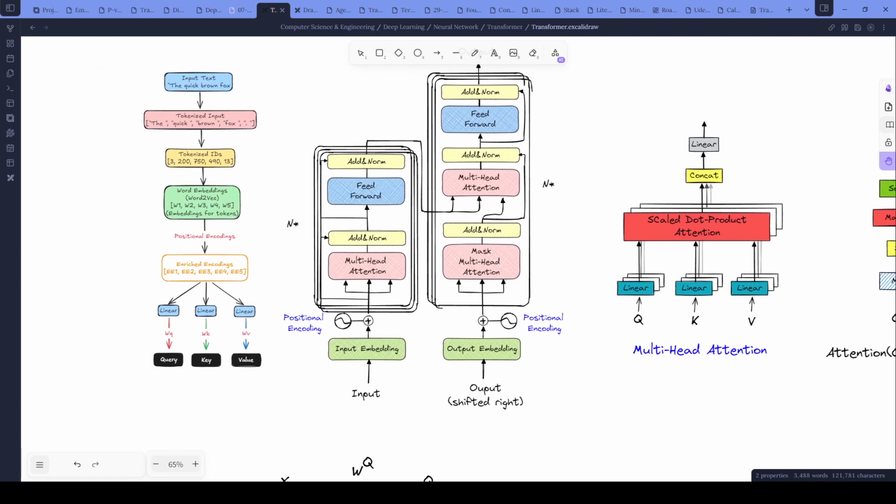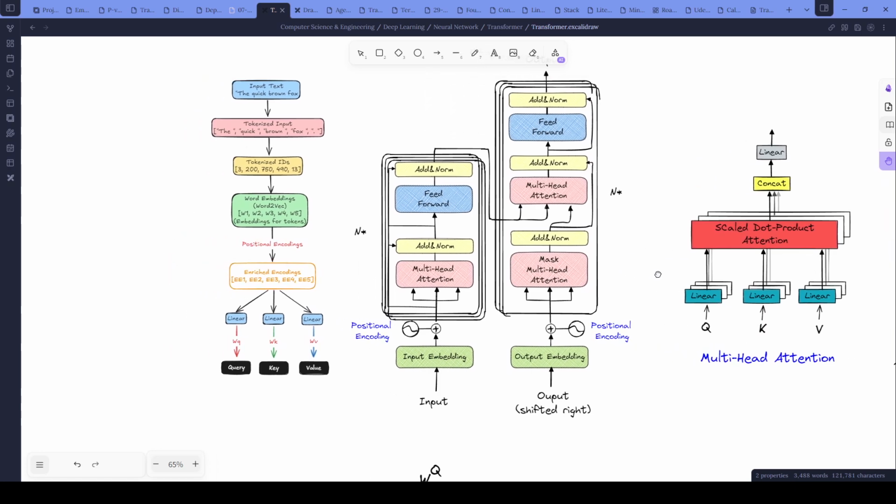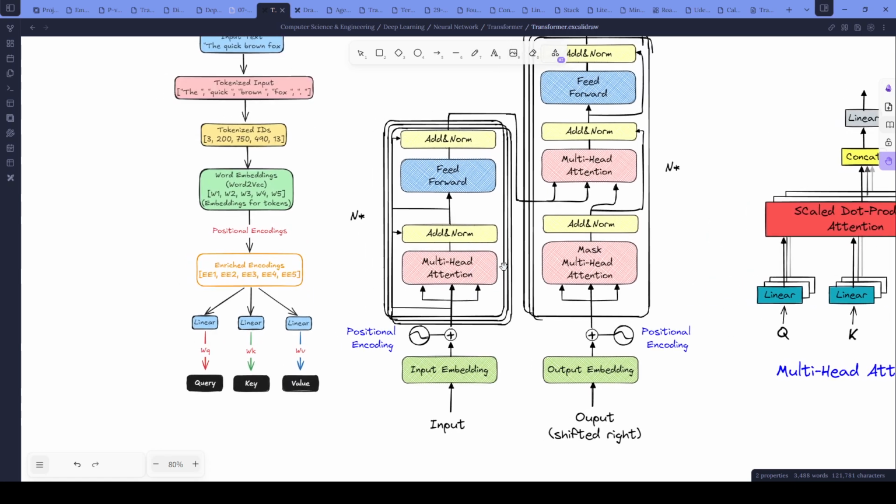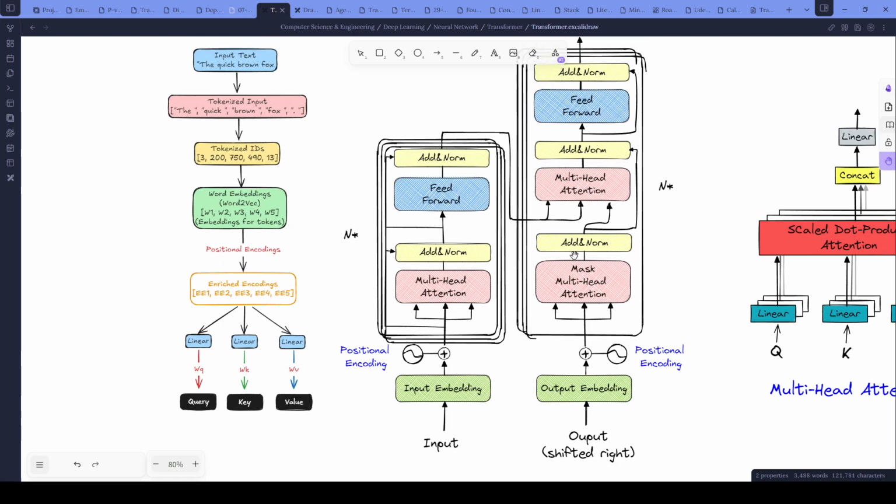So we can somewhat say that multi-head attention is a block in the transformer network that computes the attention weights for the input, and it produces an output vector that can be processed by the decoder.